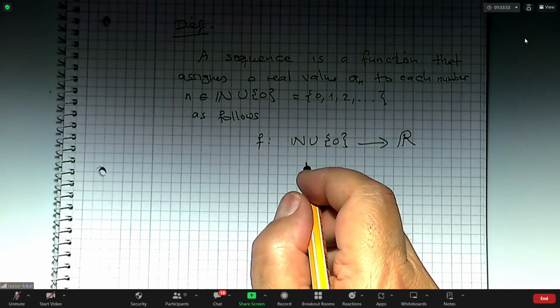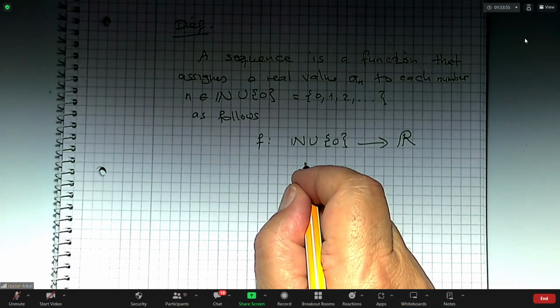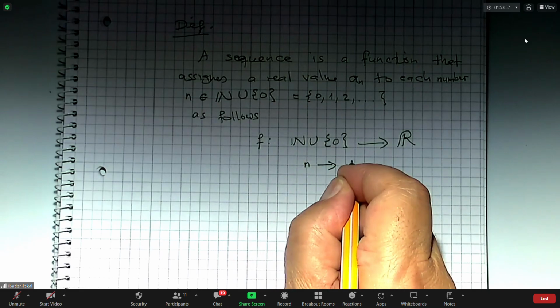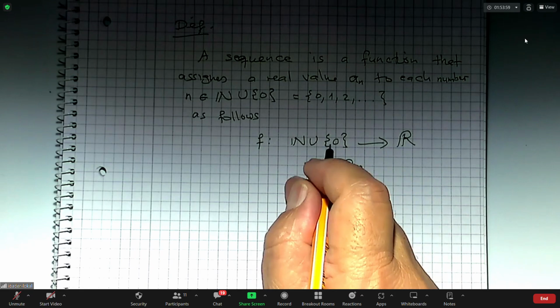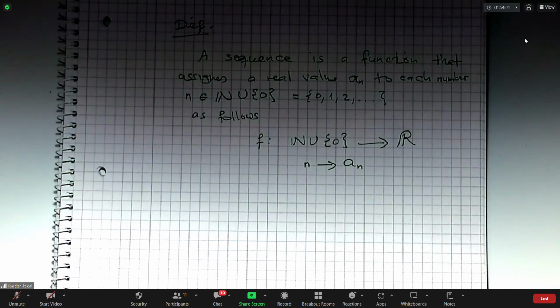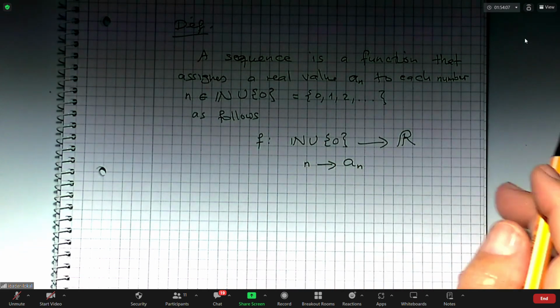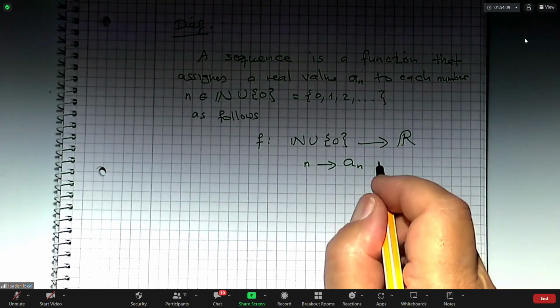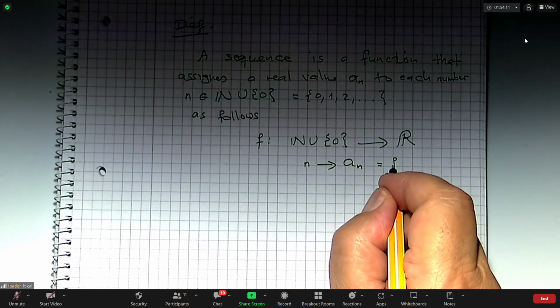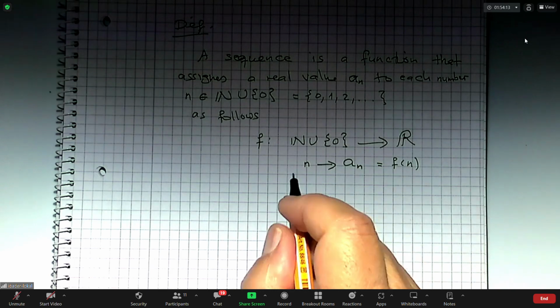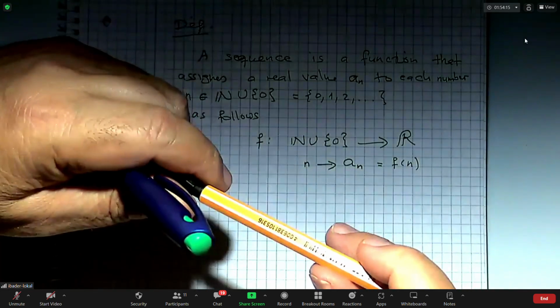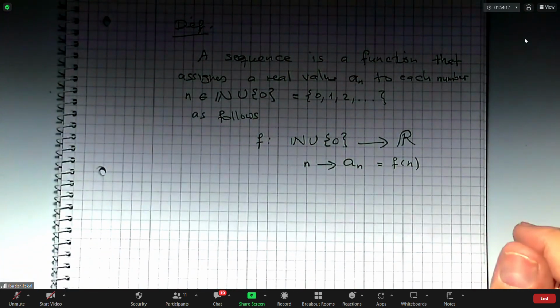And here, each number n is mapped to a_n. So here, a_n is a real number that corresponds to the number n, where n is just 0, 1, 2, and so on. And of course, we will see that there are different ways to write it. If you just write it in this way, it's called the explicit form.